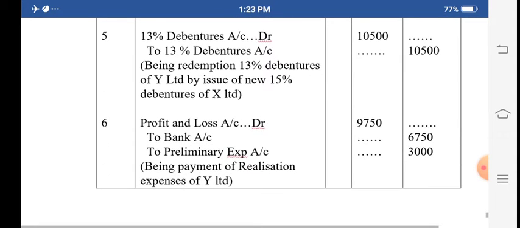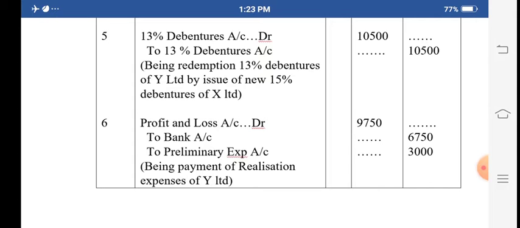The last entry is for payment of realization expenses of the transferor company. In the problem, note number 4 says realization expenses of rupees 6,750 are to be paid by X Limited.